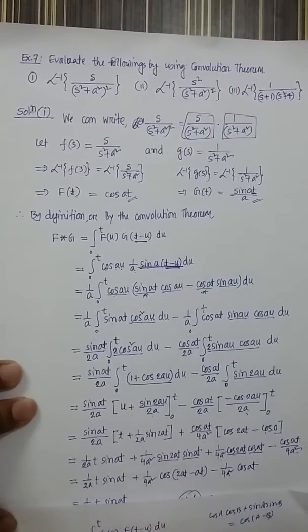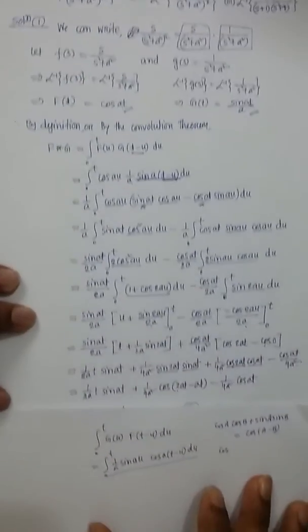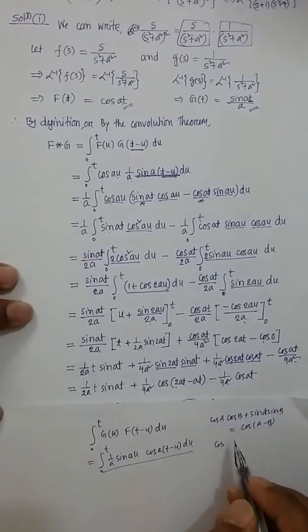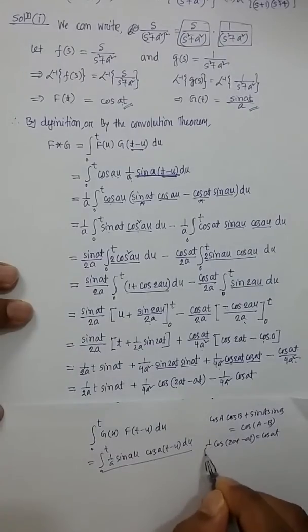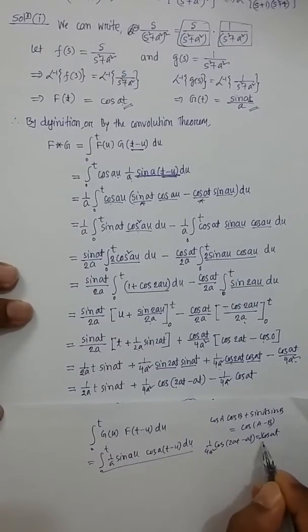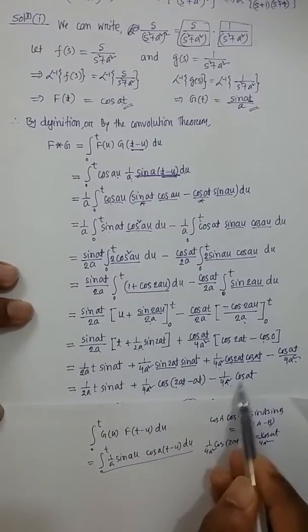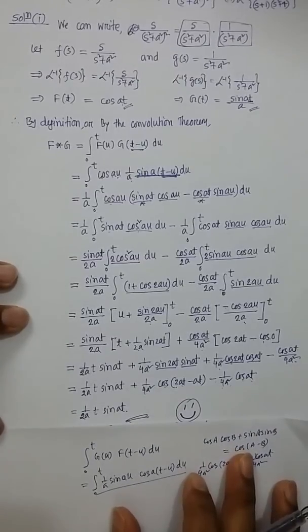What does it give? Cos at, with 1 by 4a square. So there is plus 1 by 4a square cos at, and there is also minus 1 by 4a square cos at, so these cancel each other, and our answer is this.